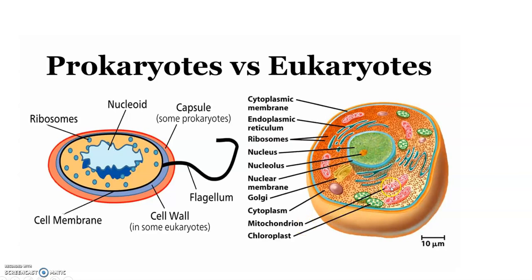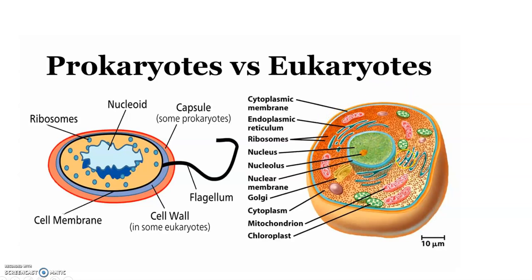We can see the mitochondria, Golgi apparatus, nuclear membrane, nucleolus. This is the nucleus itself. Ribosomes, these small granules we can see scattered in the cytoplasm. And endoplasmic reticulum, cytoplasmic membrane, that is the plasma membrane.